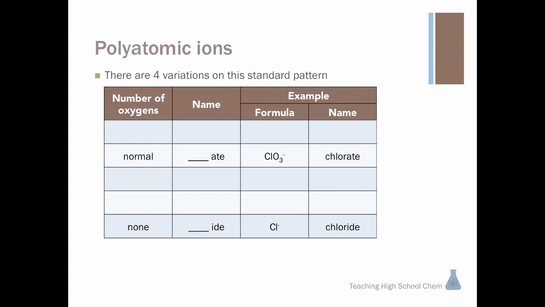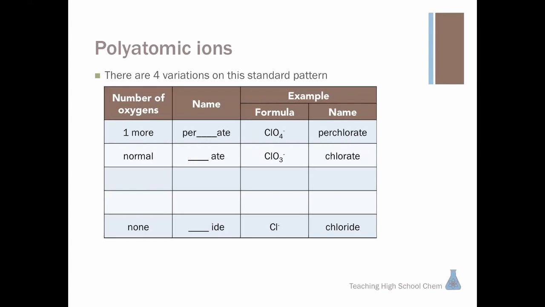And so I'm really trying to keep them separate. So I bring it up again. I'm like, hey guys, remember what we just did? It's different. It's not like what we're doing right now. So things that don't have oxygen on them end in IDE. Okay, chloride. And then what we just learned in that pattern is chlorate. And then I'm like, all right, if it has one more, how does somebody compare who's hyperactive?